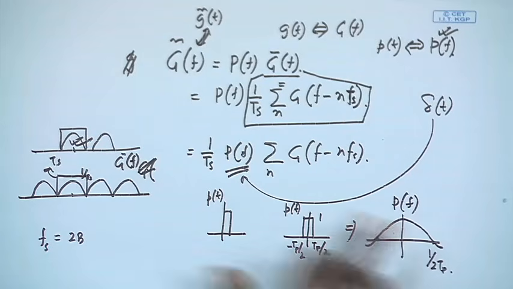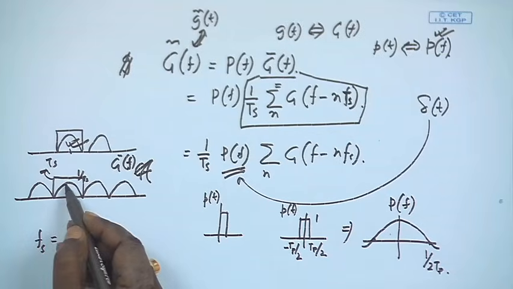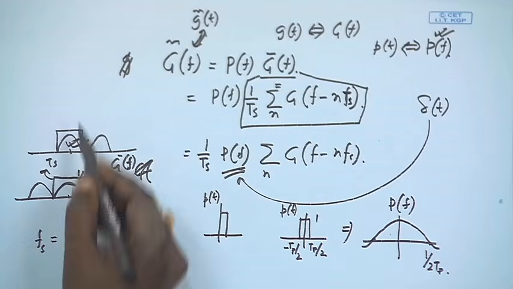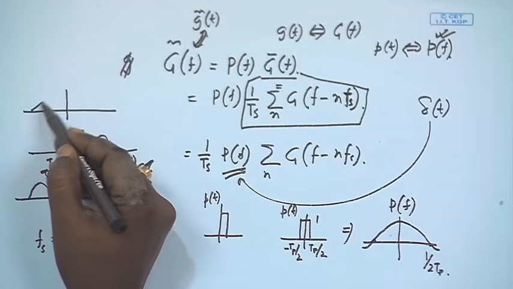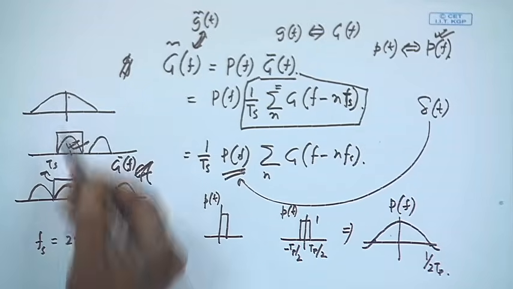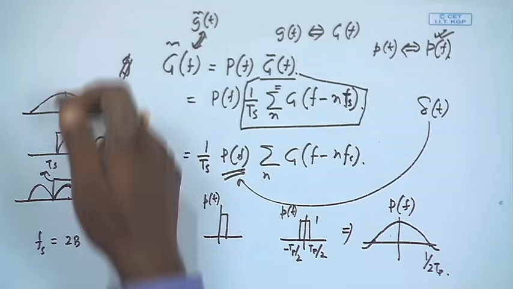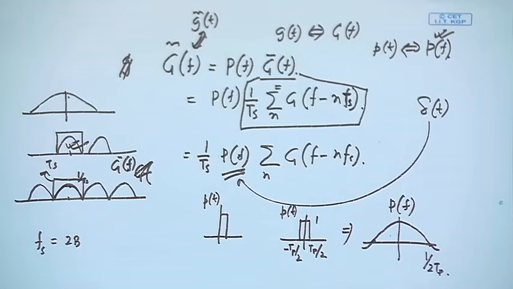Now, this should be multiplied with this one. So, what will happen? Once I multiply, this particular G(f) also will get a multiplication with this P(f). So, whenever it gets multiplied, the frequency spectrum of that G(f) gets a little bit distorted. So, this is what happens if, instead of an ideal pulse, I give some other non-ideal pulse: I will always get a distortion. But how can I restrict this distortion?